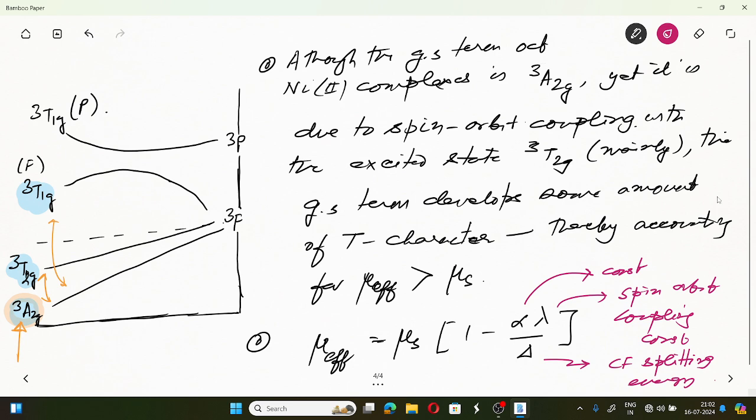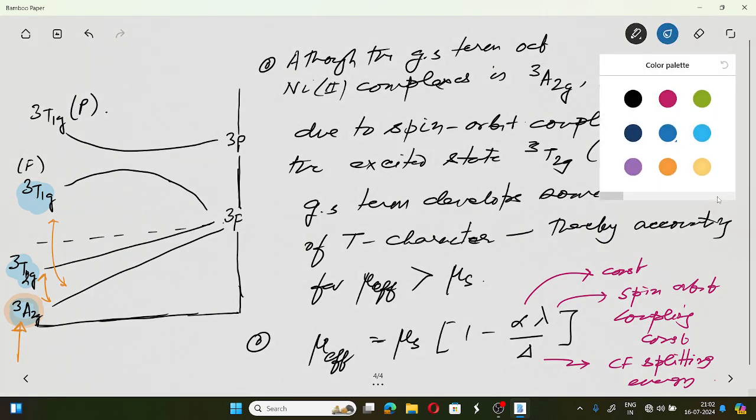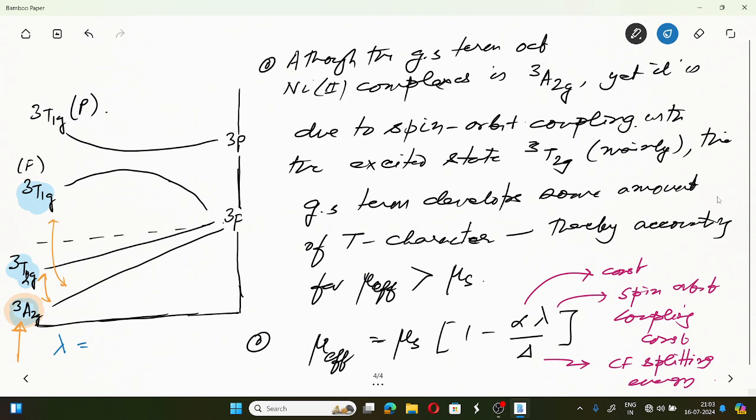Now, if you look at this lambda value, this is negative for d6, d7, d8, d9. Now this is a d8 system, okay.